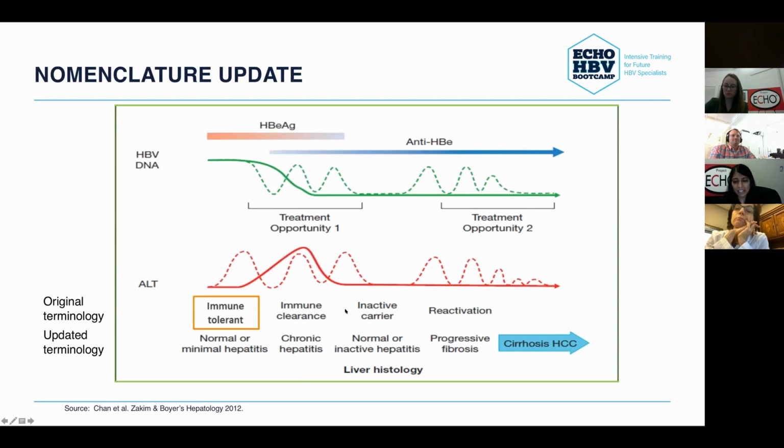And then this is followed by what we used to give the terminology of inactive carrier. But we're moving towards the description of normal or inactive hepatitis. Again, your E antibody is positive, your viral load as measured by the Hep B DNA PCR is low, and your ALT is typically low.